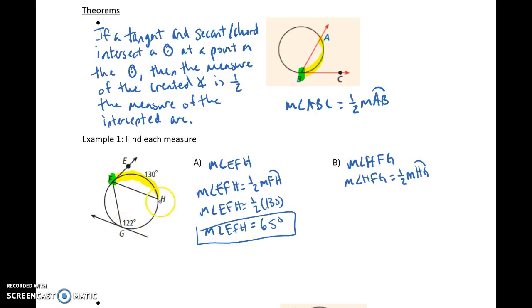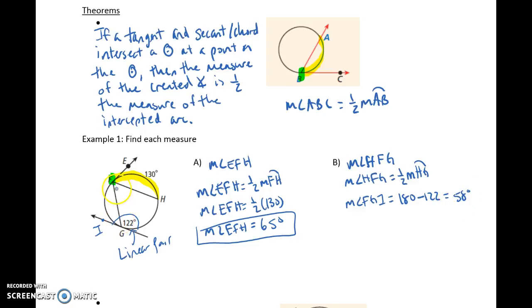Well, remember, a full circle is 360 degrees, and we have a linear pair. So if I called this angle FGI, for example, how do I find the measure of angle FGI? Well, a linear pair adds up to 180, so 180 minus 122 gives me that angle measure, which should be 58 degrees.